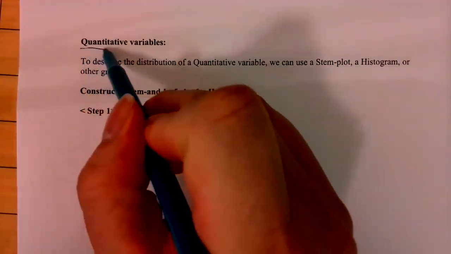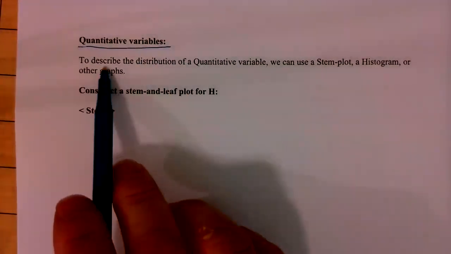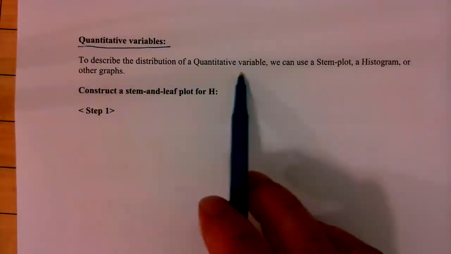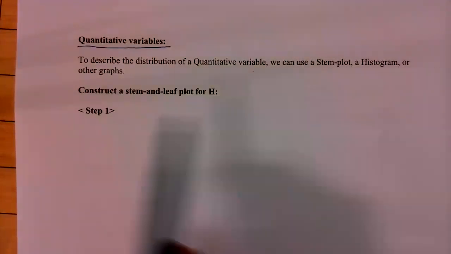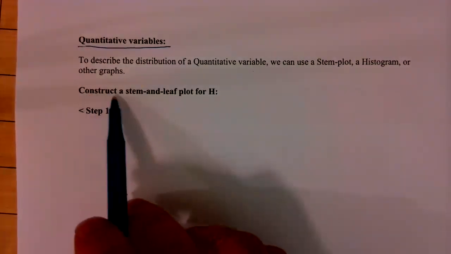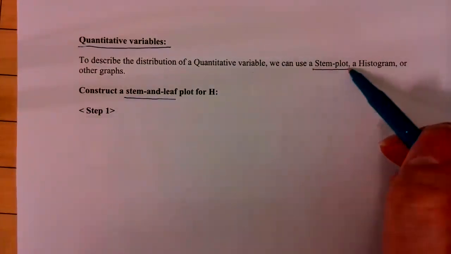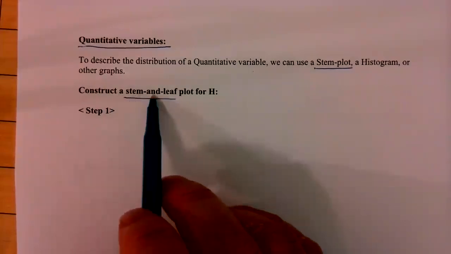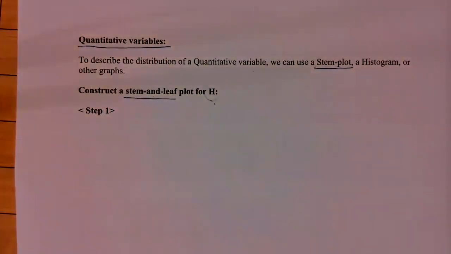How about a quantitative variable? To describe the distribution of a quantitative variable, we can use a stem plot, a histogram, or many other graphs. For example, how can we construct a stem and leaf plot? Stem and leaf plot, this is the full name for what? For stem plot, okay? Construct a stem and leaf plot for height. How can we do that?